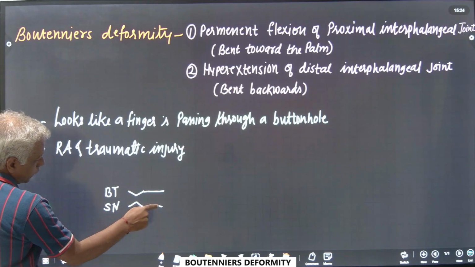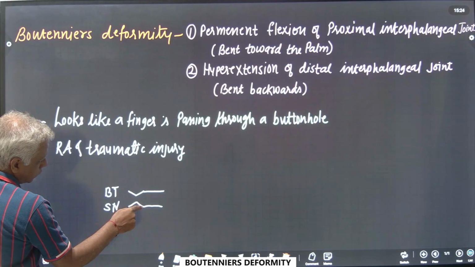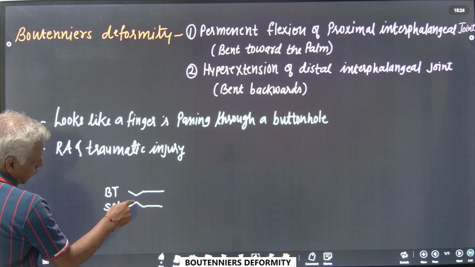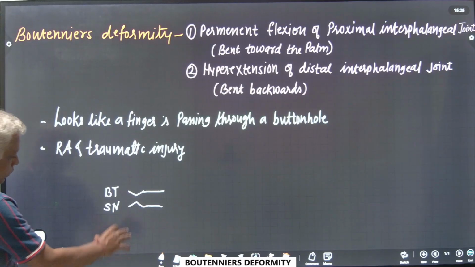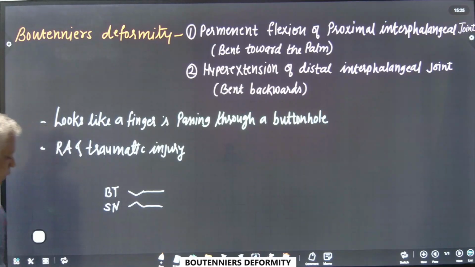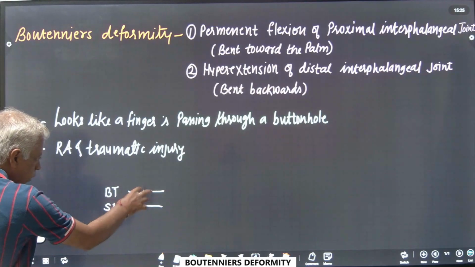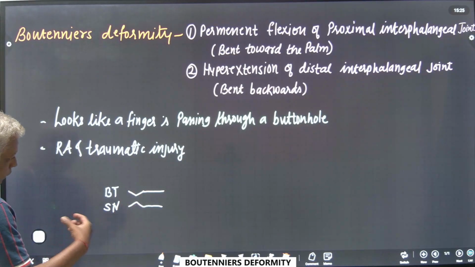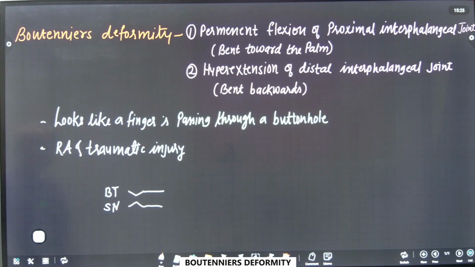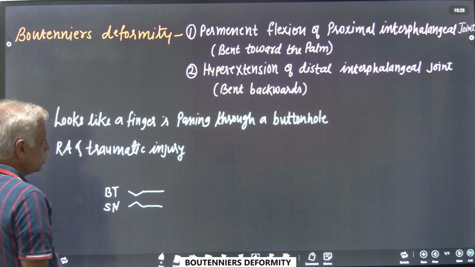And in the swan neck, we have seen that there is a hyperextension at the PIP and a flexion at the DIP. So these two deformities are exactly opposite to each other. If you compare the flexion and the extension, it is occurring in exactly the opposite way.